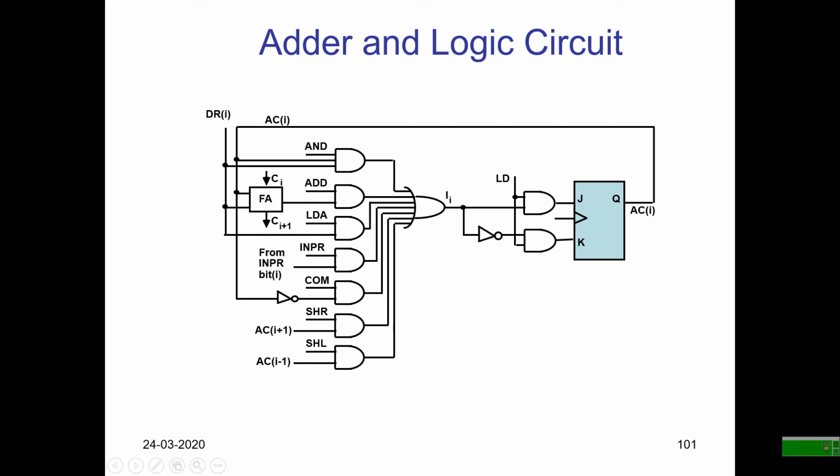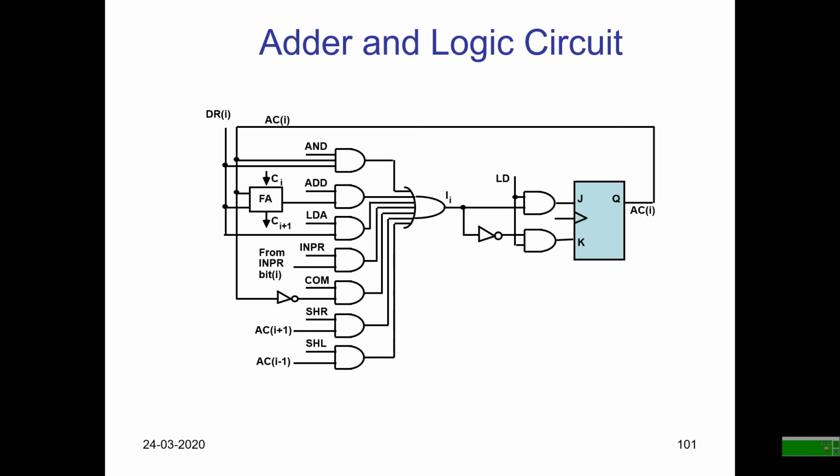So you have to load accumulator's 1st bit here, and SHL will come from the control and logic circuitry. An AND operation between these two gives you the input for the second bit, that means for AC of 2. Here one NOT gate is also required for the complement operation.